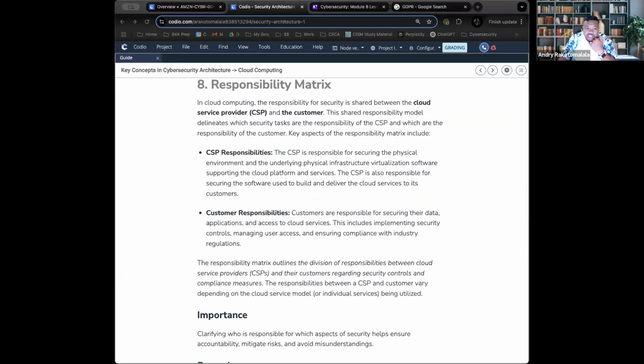All right, now let's talk a little bit more about security matrices. What does that mean? Or sorry, responsibility matrix. What does that mean? A responsibility matrix is essentially a chart and it outlines all of the security tasks that all of the different devices do. A very simple example is a job board.